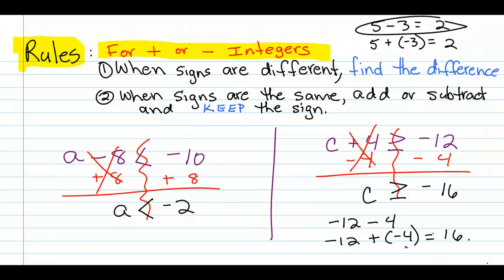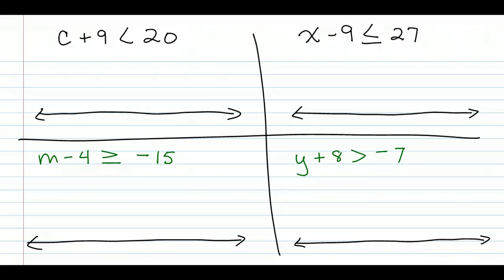And let's try some now with graphing. All right, here are 4 problems. Take them one at a time, and I want you to solve and then graph the inequality. Be careful, don't put equal signs, and remember whether it's going to be an open circle or a closed circle. All right, pause it.